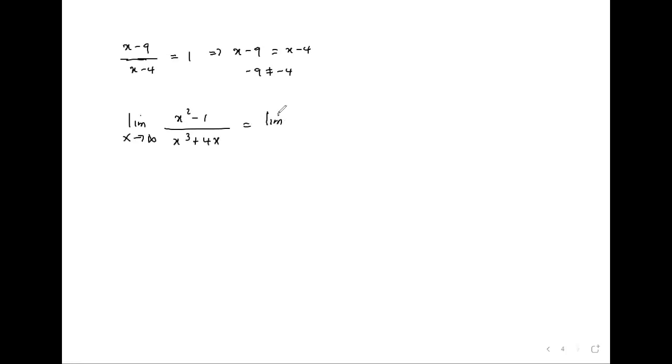You say the limit as x goes to infinity. You go for the highest degree in the denominator, have it factored out, get 4 over x squared. Go with it in the numerator, you get 1 over x minus 1 over x3. So that this is x3.